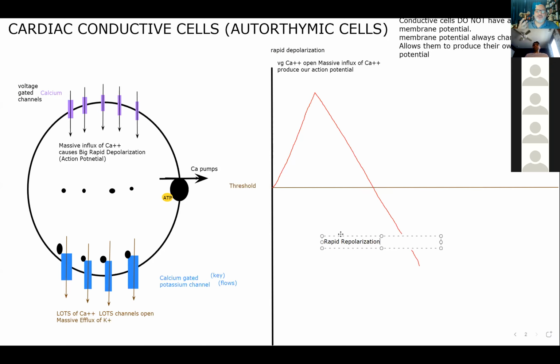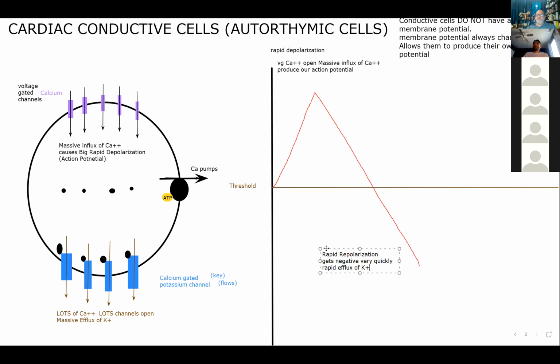So it's not really a true repolarization, but the cell is getting negative very quickly. So we use the word repolarization here, even though it's not 100% accurate. And again, this is occurring because of the rapid efflux of potassium. Positive ion leaves the cell, makes the cell more negative.